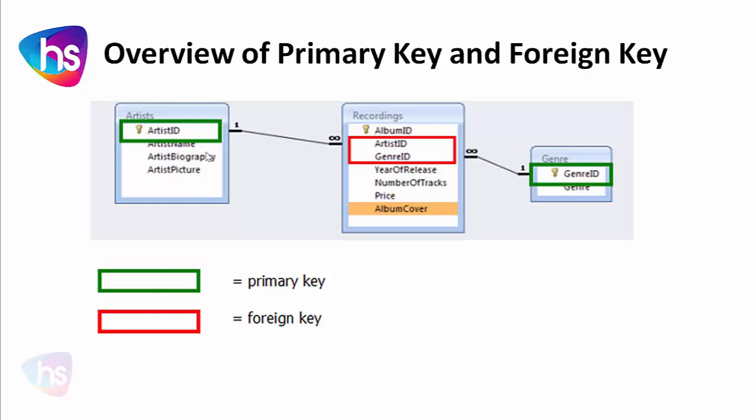Now here in the table, the first ID, that is the artist ID, is created as a primary key. The key I am creating as a primary key is unique for all the records entering the database. N number of artists may register themselves and every user will have a unique identity.